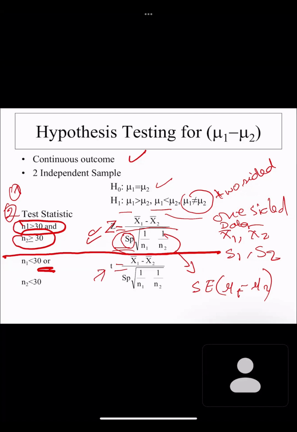So I use a t-test when at least one n is less than 30. It will be the same: x bar 1 minus x bar 2 over sp times the square root of 1 over n1 plus 1 over n2. So this is my test statistics.